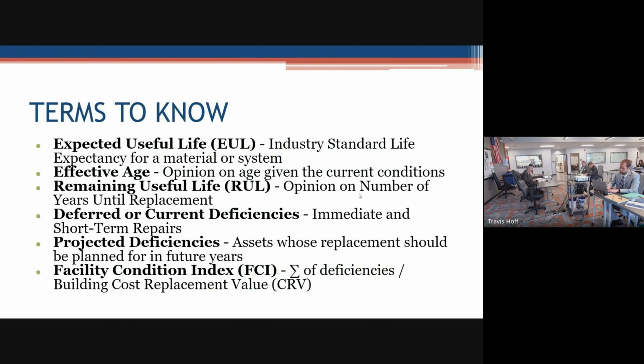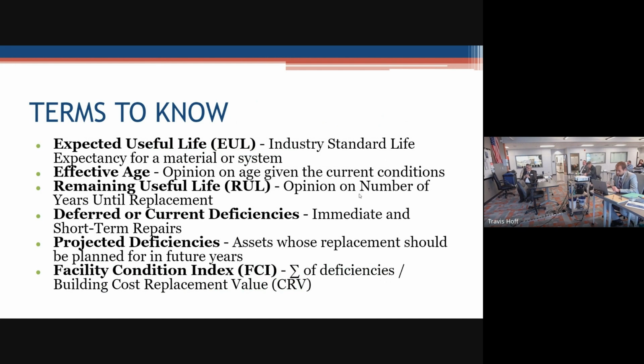On this slide, you'll see some terms that are going to be coming up in today's discussion and in the preview of the database. Expected useful life is the industry standard for those types of components or materials. The effective age is the opinion on the age of the equipment that's being assessed.